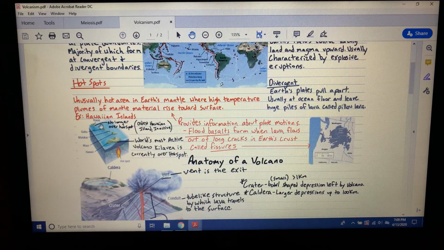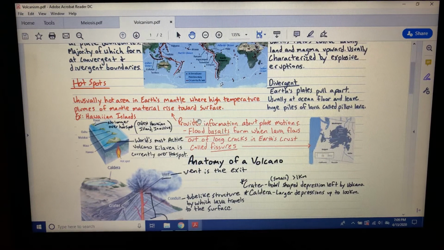The oldest Hawaiian island is no longer considered a hot spot because it's moving as plates move. That one used to be active, but there's no longer any active activity over here. It's considered inactive. However, the world's most active volcano is currently over a hotspot.